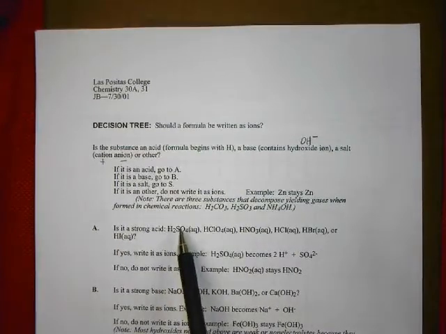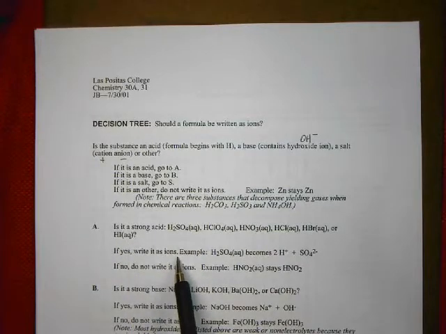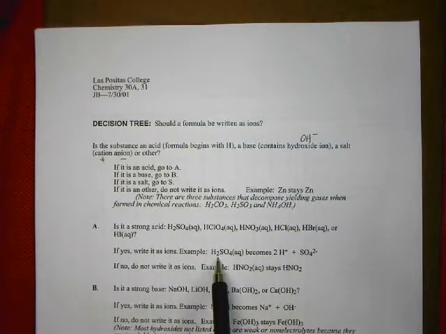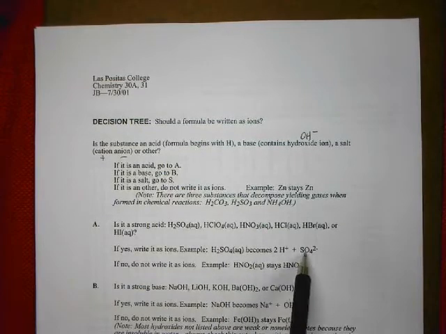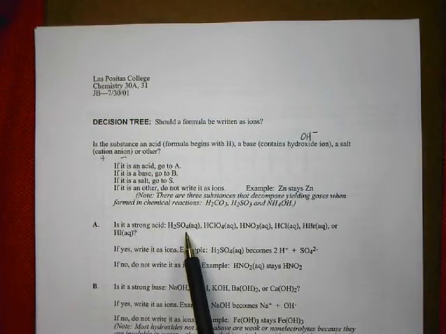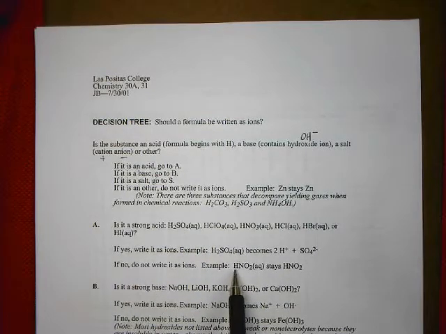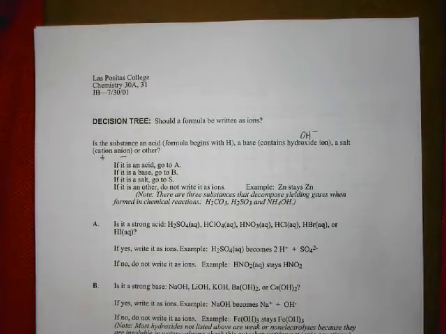If it's one of these 1, 2, 3, 4, 5, 6 acids, we break it up into its ions. And they show you how H2SO4 becomes 2H+ and SO4 2-. If it's not one of these 6 strong acids, it does not break up. So HNO2, nitrous acid, stays HNO2.